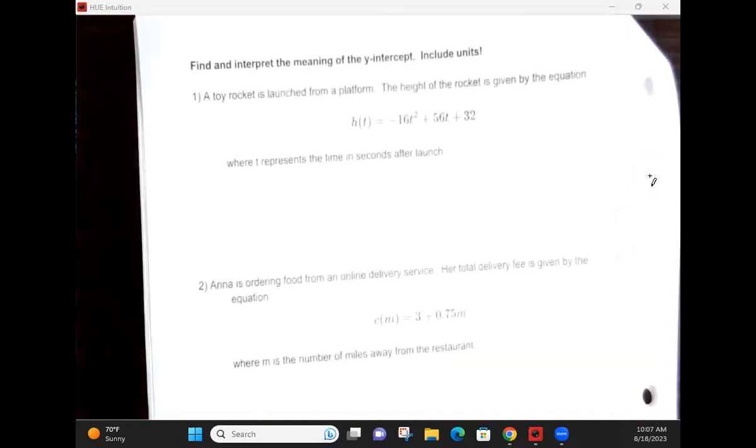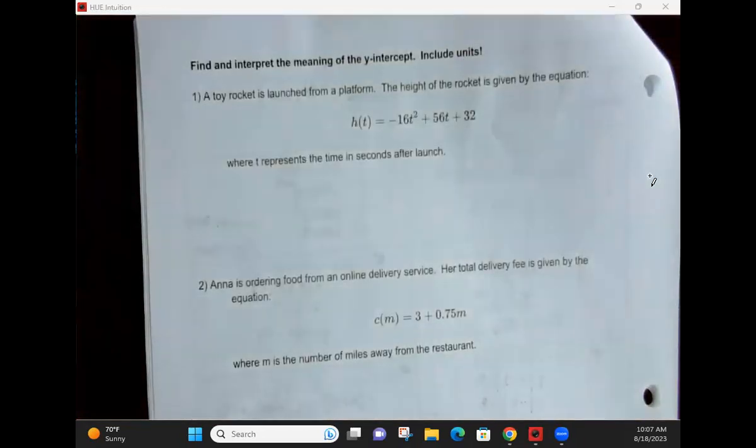So with this idea in mind, I want to talk about a couple of application problems for y-intercepts, interpreting when my function is not just f of x equals or h of x equals, but it's got a context, okay? Just a couple to talk about really quickly.